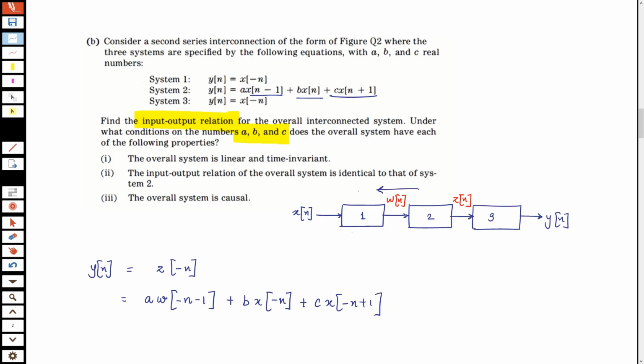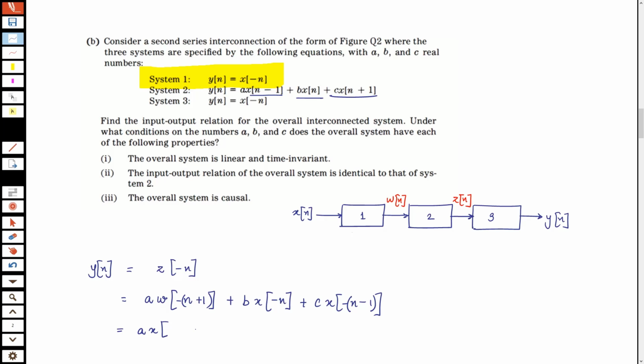Now we go backwards. How to write w in terms of system 1, x[n]? What is the relationship? This one, right? It is again a reflection. However, this time note that whatever is the argument has to be reflected by minus 1. So this could have been written as minus of n plus 1, and this as minus of n minus 1.